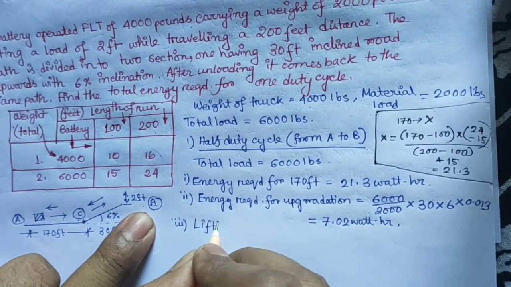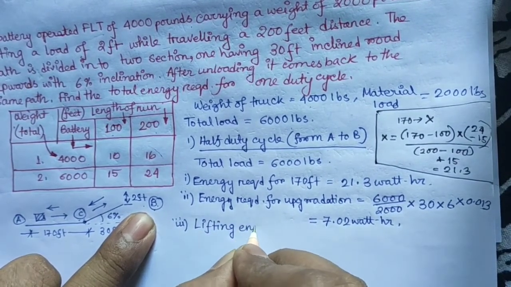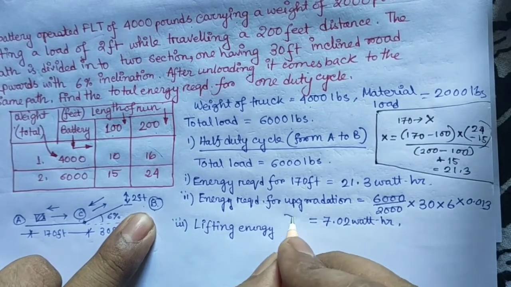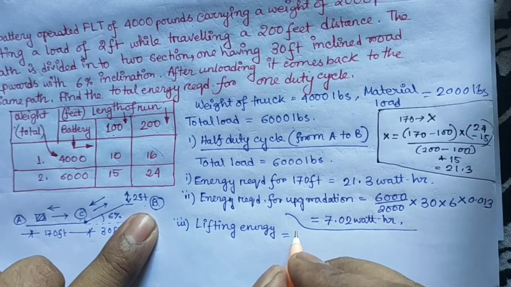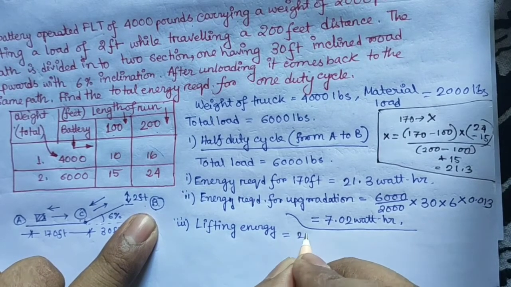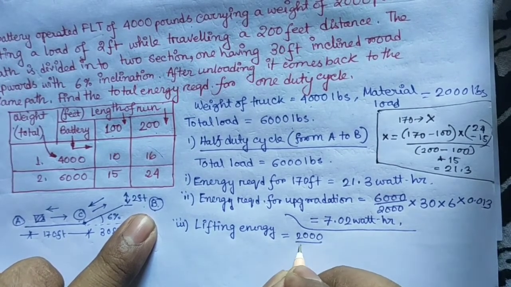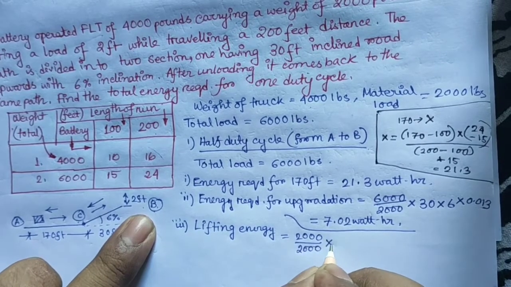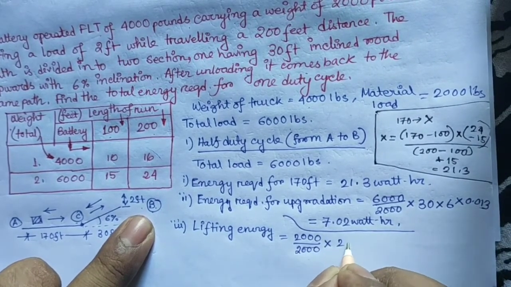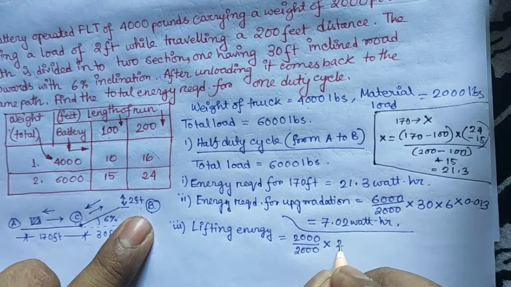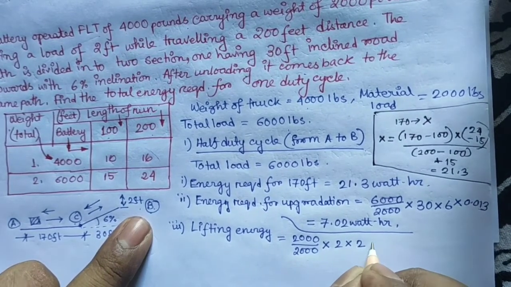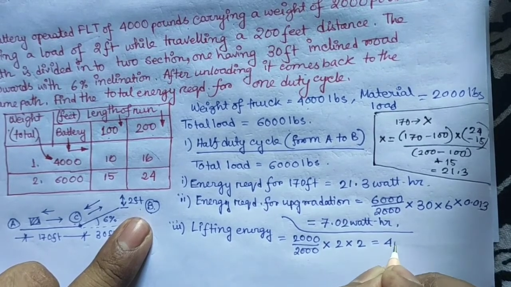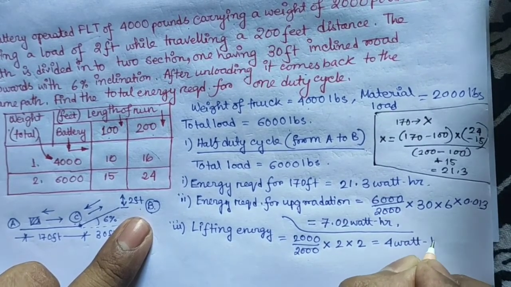So lifting energy is equal to, what is the load, total load, that is 2000 by material load, again 2000 into 2, the height of lift, that is 2 into 2 constant term. So it will become 4 watt hour.